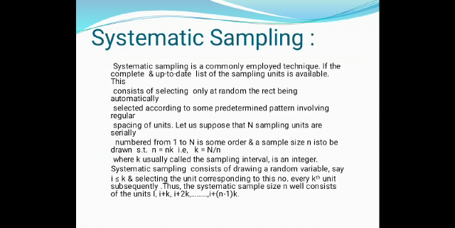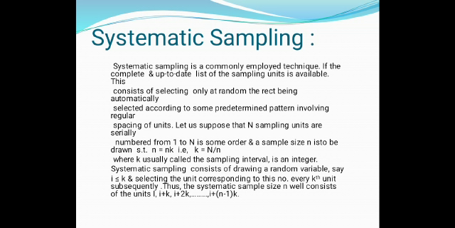Systematic sampling. Systematic sampling is a commonly employed technique if the complete and up-to-date list of the sampling units is available. This consists of selecting only the first unit at random, the rest being automatically selected according to some predetermined pattern involving regular spacing of units.